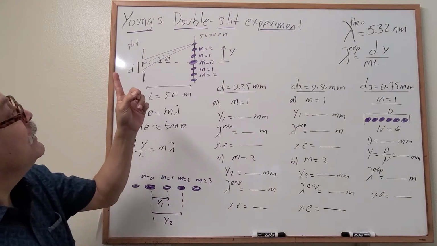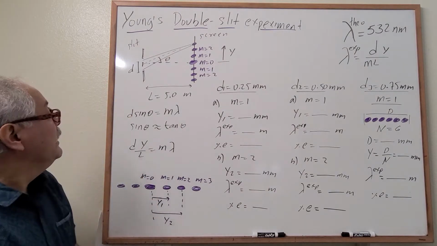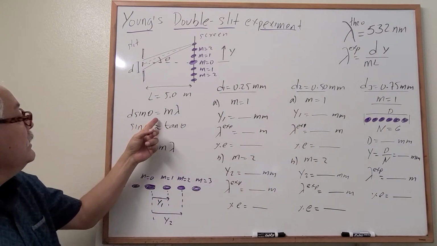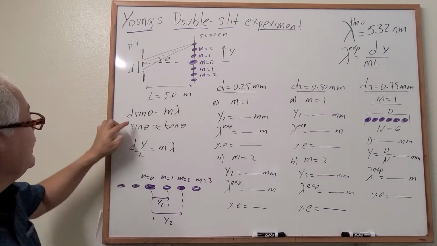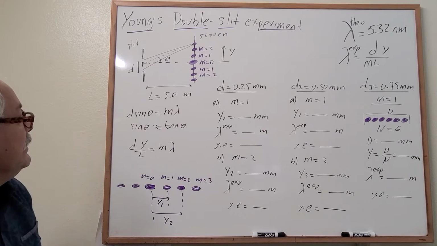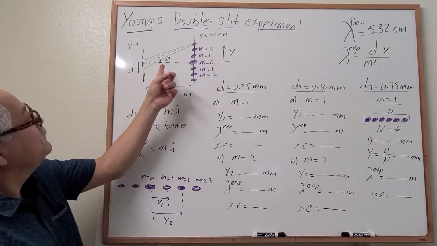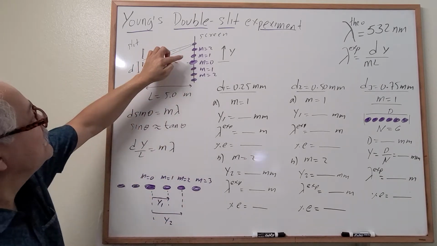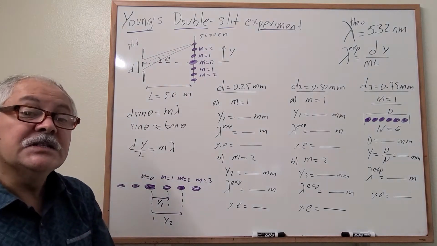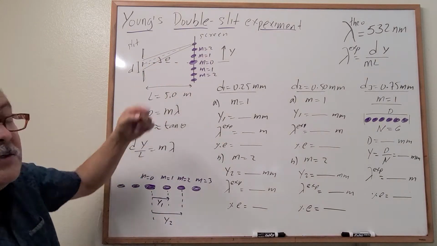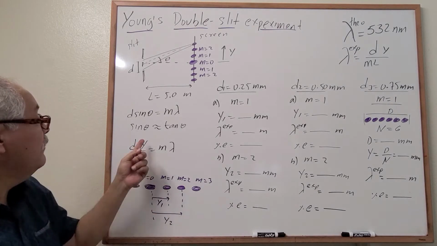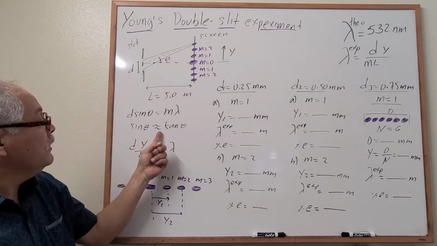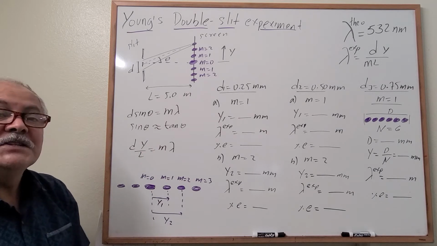Now the equation that is found for this double slit interference is d sine theta equals m lambda. Lambda is the wavelength, correct. d is the distance between the two slits. But because the angle used for each bright fringe is small, according to this figure, we use the approximation of sine theta about tangent theta.